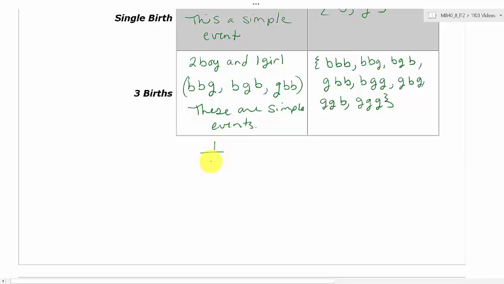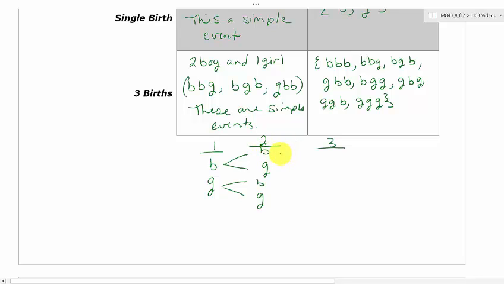So the first child is either going to be a boy or a girl. If the first child is a boy, the second child could either be a boy or a girl. And also, if the firstborn was a girl, the secondborn could be a boy or a girl. So this would be the second birth. And then do it again for the third birth.